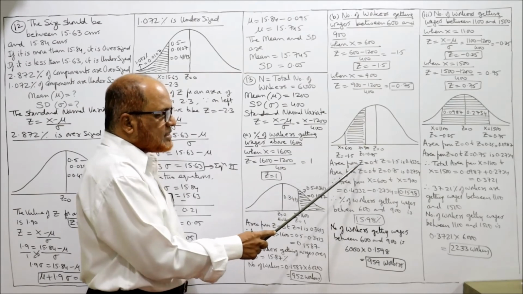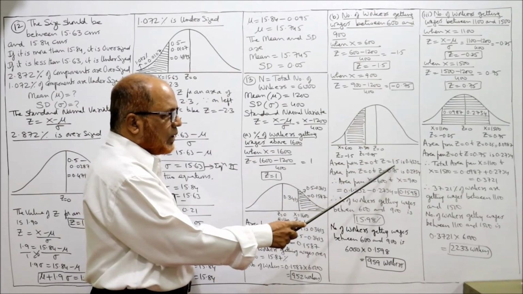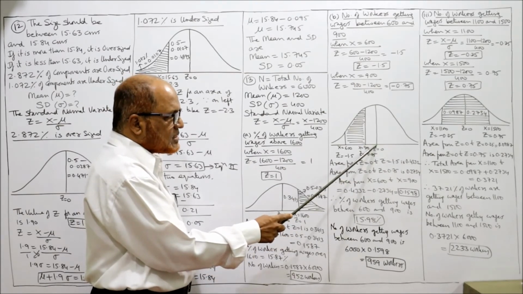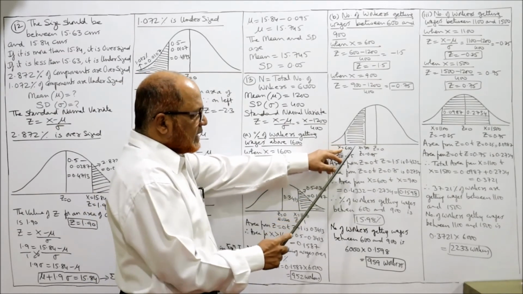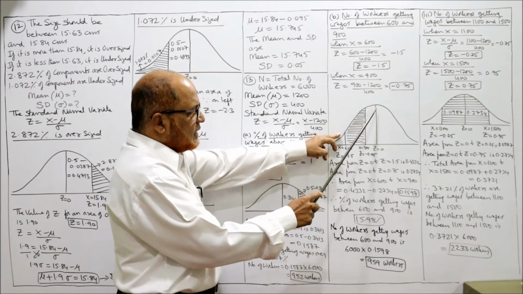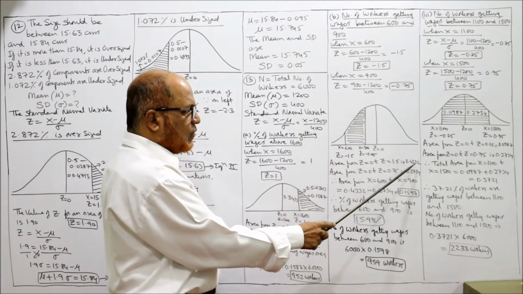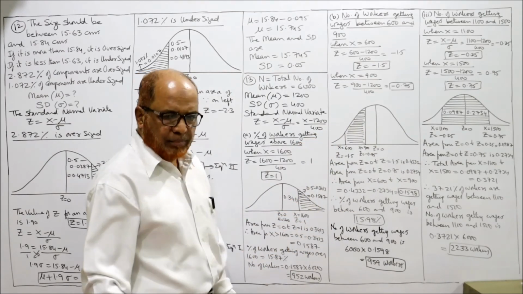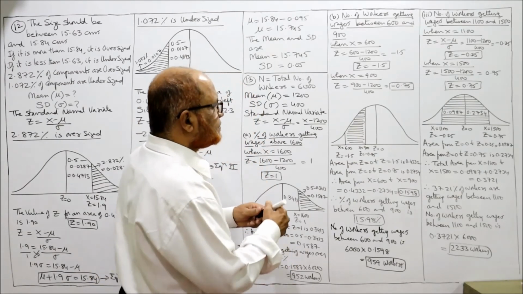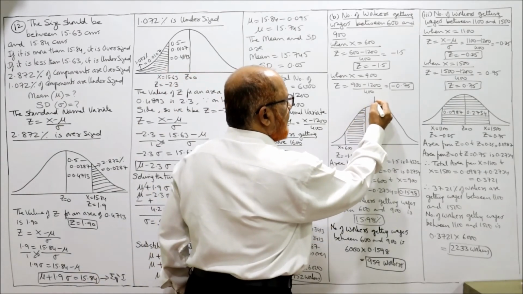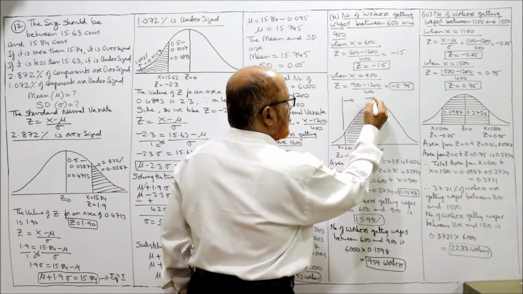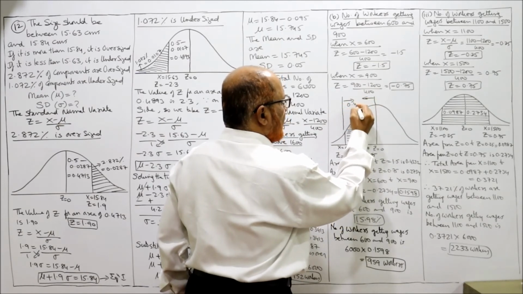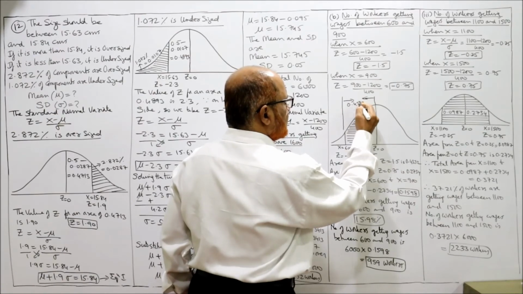Now the area from z equal to 0 to z equal to 1.5, from this to this, the complete area, we got 0.4332.